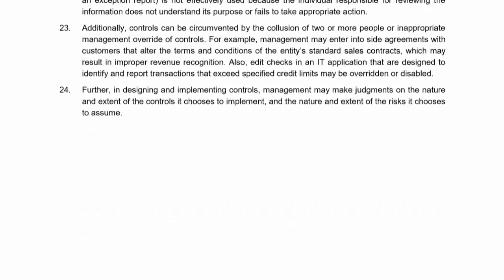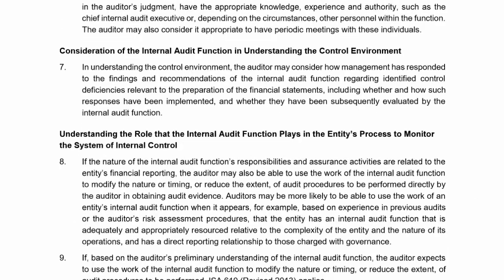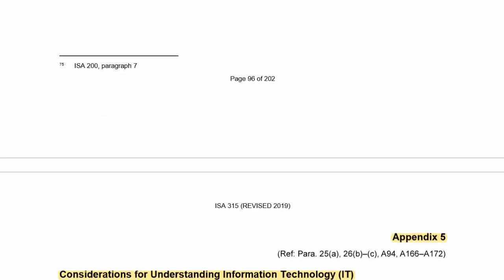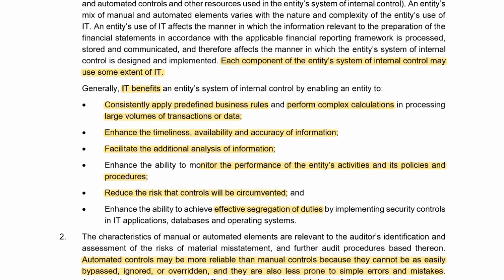Okay, then I want to go into Appendix 5, which deals with IT environment, and it explains the benefits of using an IT environment. So where there's large volume of transactions and you can apply automated control, it addresses the risks immediately with one control. It can perform complex calculations.